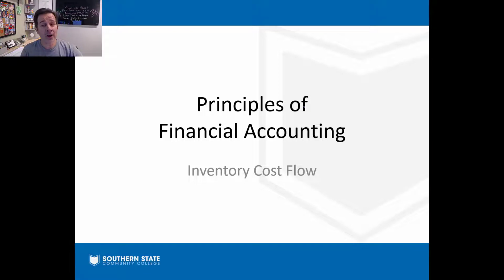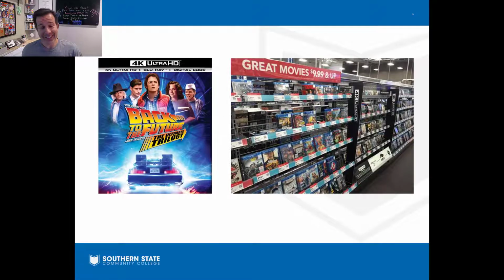All right, so we're going to start off, and I want to tell you about my all-time favorite movie. Now, I grew up as an 80s kid, and as an 80s kid, I loved Back to the Future. So much that I've been buying the different iterations as they came out on home video. I'm old enough now where I've lived through 4 different iterations of Back to the Future home video.